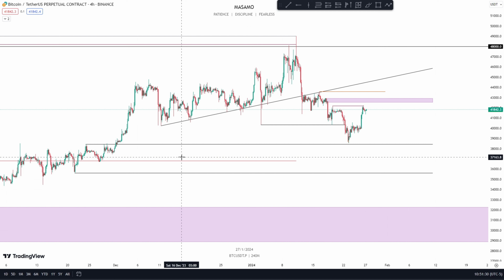So I bought 80% of what I wanted there, so I will add 10% in my spot bag right here in this area and another 10% here, and my portfolio will be full, and I will buy everything I wanted to buy, and I will just chill and wait for a couple more years for another all-time high. Maybe it won't take years to break the all-time high, but I'm planning to hold my spot bag for a long time. So yeah, that was it.